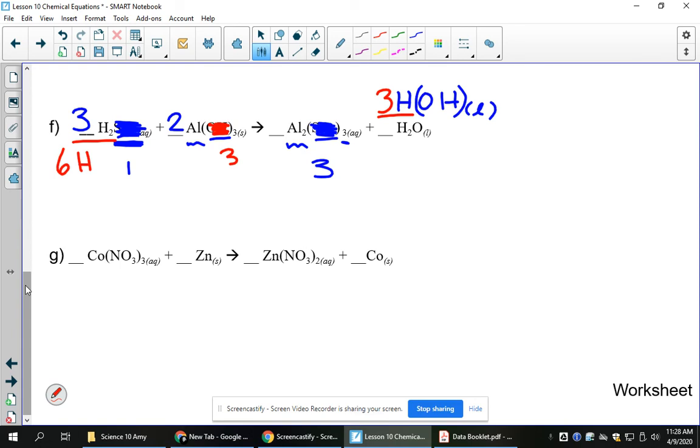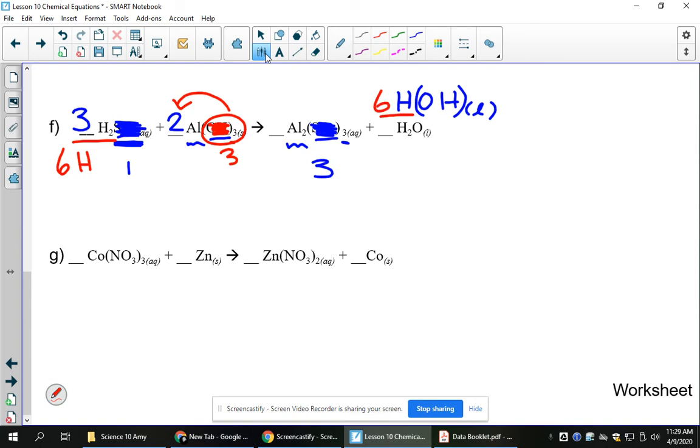What do I have to take into account when I look at this hydroxide? I have to multiply by the number I put in front. This is why we do balancing in pencil, because a lot of times with these harder questions, you go back and forth and you actually end up erasing your numbers and trying the next one that you think will work.